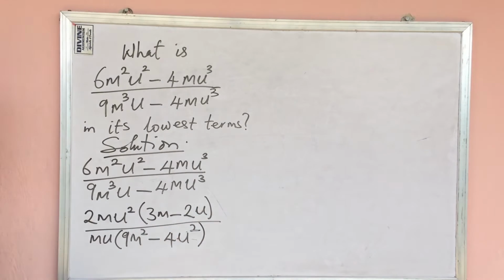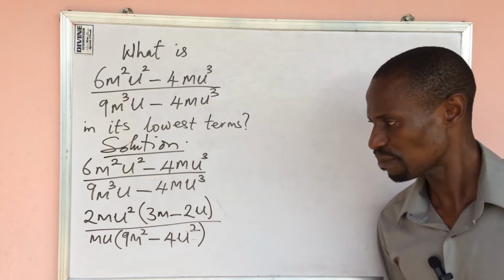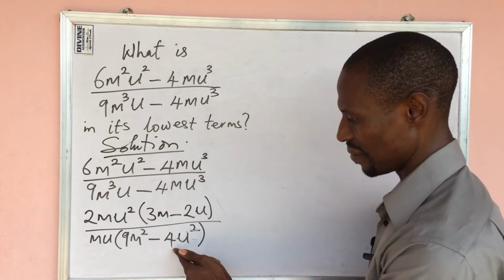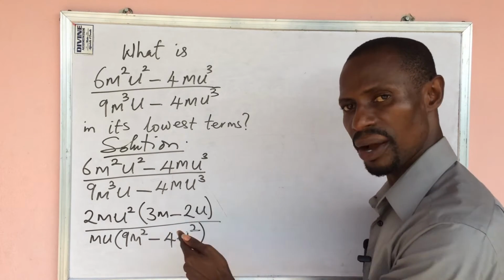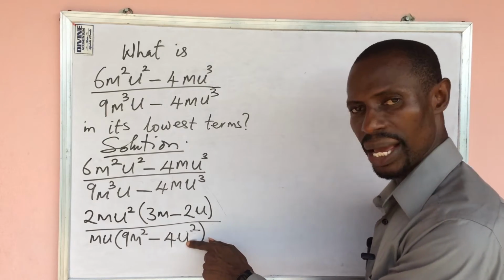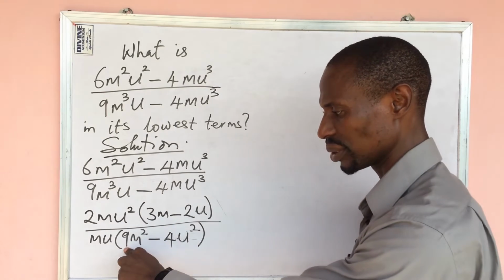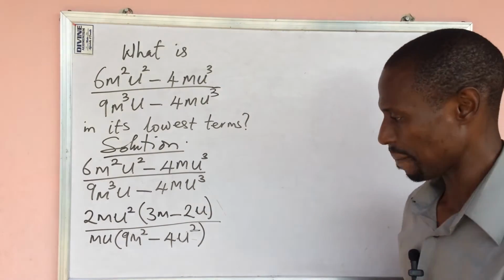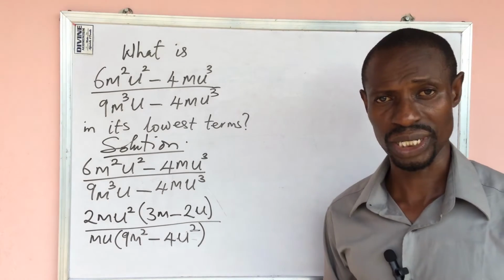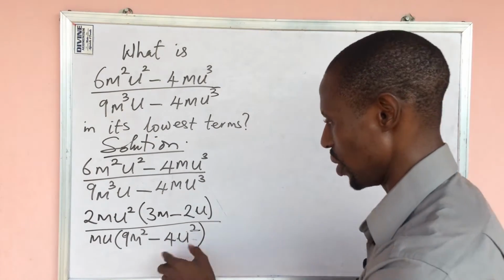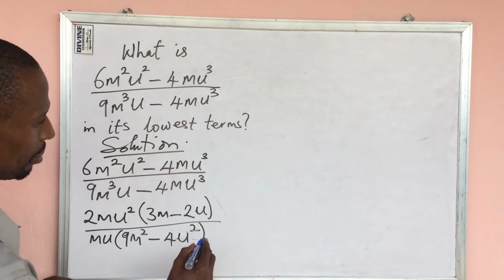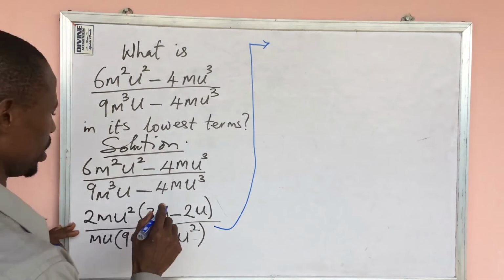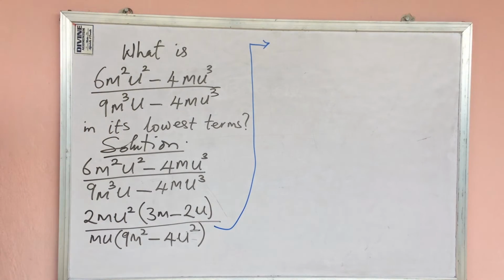Close bracket. All right. Now, at this point, what you should be thinking of is we are having 9 here, we are having 4 here, we are having m squared here, we are also having u squared. So we can reduce this one to 3 raised to power 2, because 3 raised to power 2 will give us 9. And this one, 2 raised to power 2, which is 4. So when we do that, we proceed by rearranging this up, which is the numerator, will remain the same.